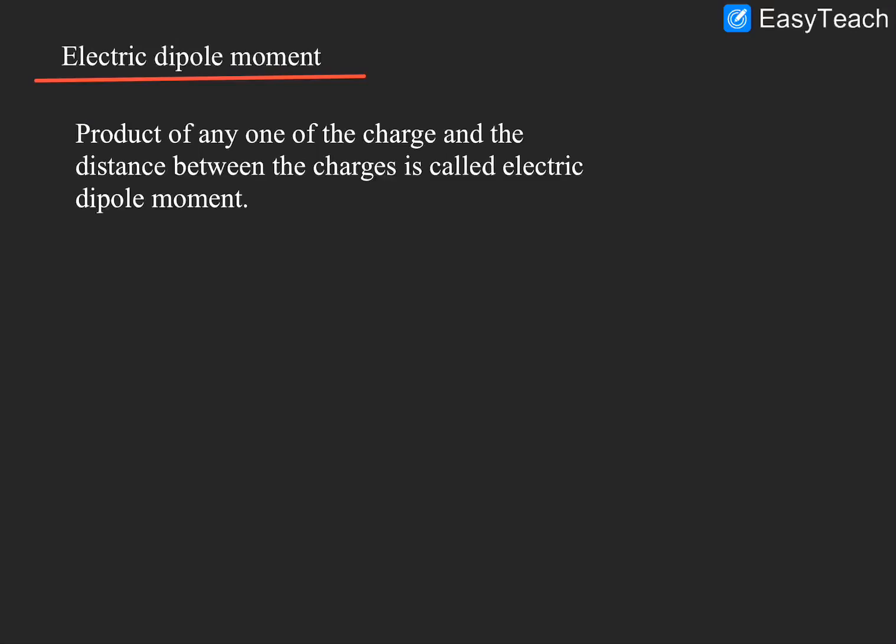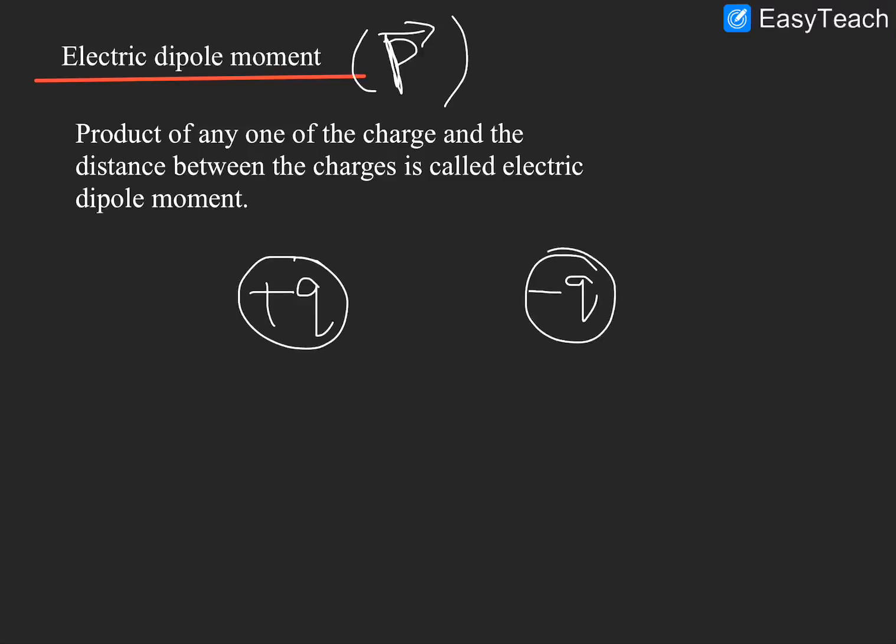Okay, so in the case of dipole, electric dipole moment is represented by the vector p, small letter p. It is nothing but the product of any one of the charge and the distance between the charges. So let us consider the case again. You are having a dipole of plus q and minus q, which is separated by a distance 2a.